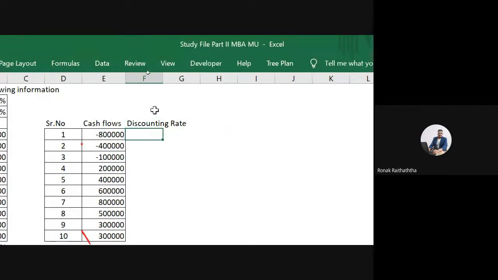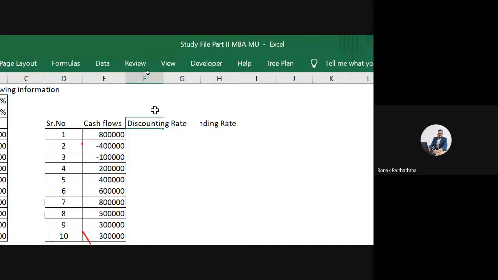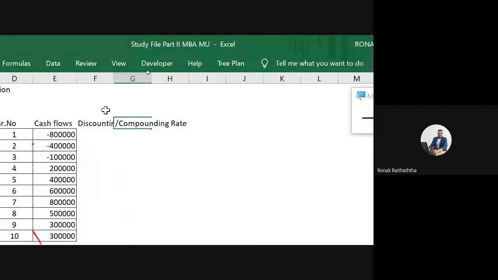In order to avoid the confusion, you may write it separately in a different column too. Let me write it over there in a different column here. First one is my discounting factor. Another one will be my compounding factor.